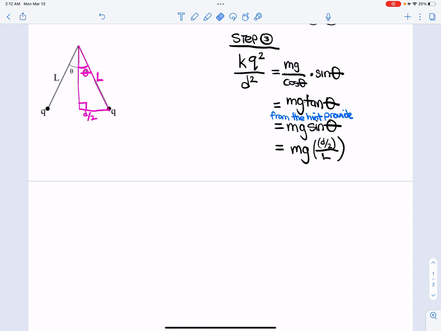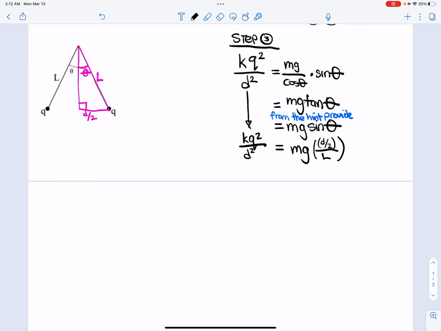Now that I've got that far, I'll bring this down here. So now that's kq squared over d squared, and I'm trying to solve for d.